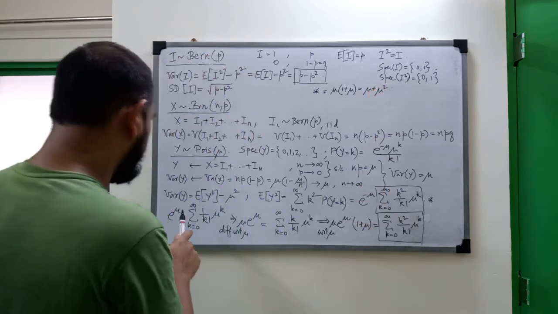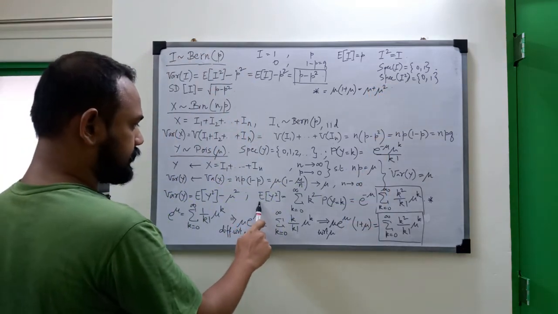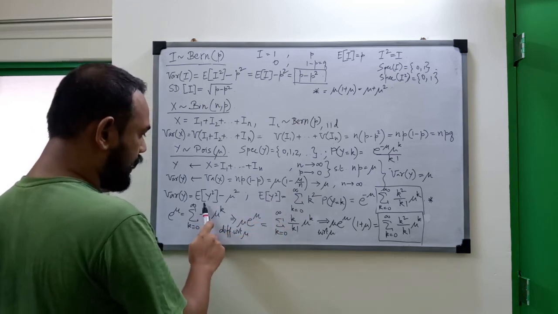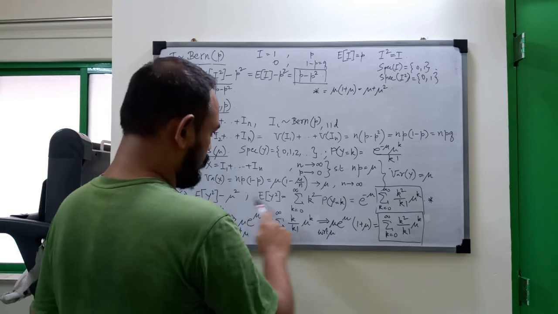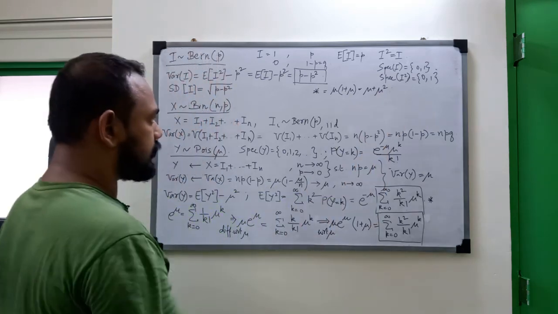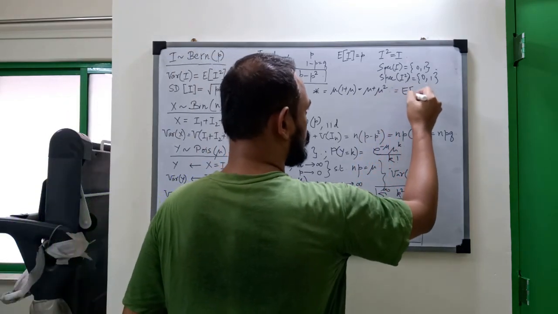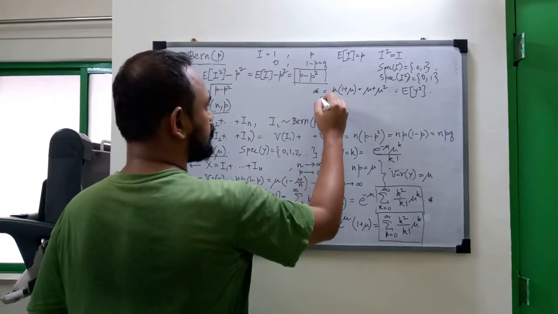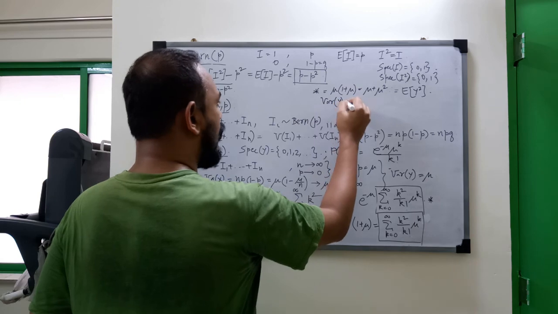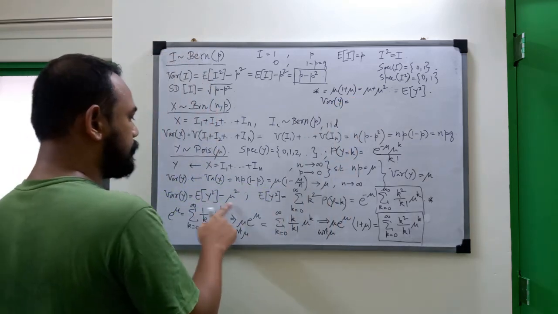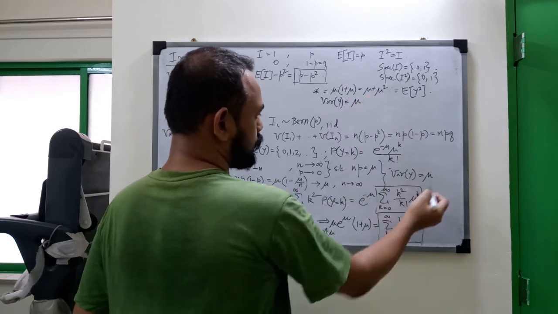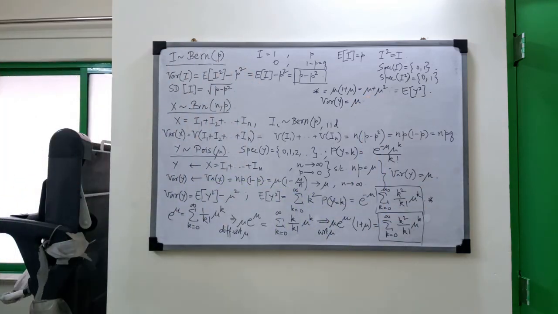So this thing, the expectation of Y squared, all of this gives you this. That's the expectation of Y squared. So therefore I needed the variance. The variance of Y will just be this minus mu squared. So this thing minus mu squared is mu, which is what we got before. So the variance is mu again, okay?